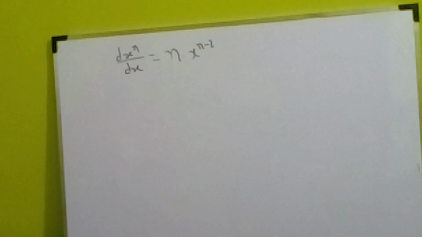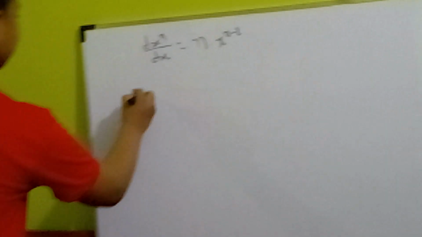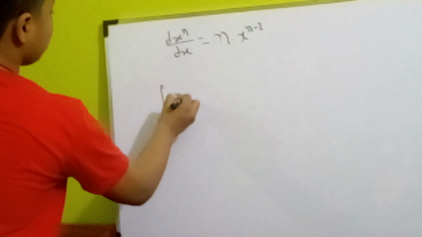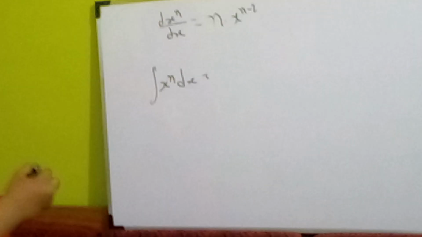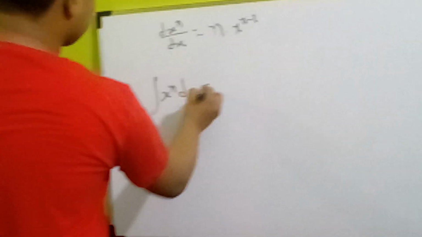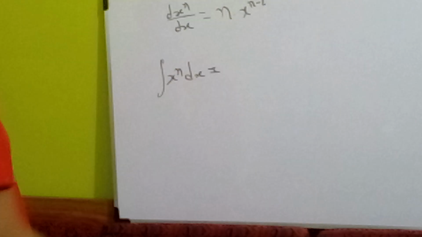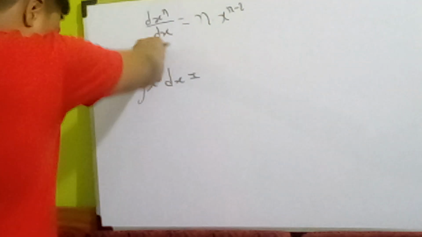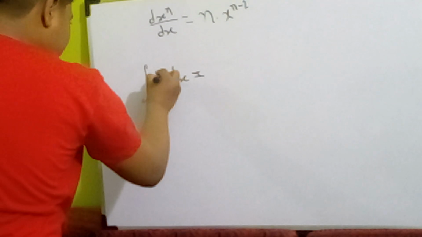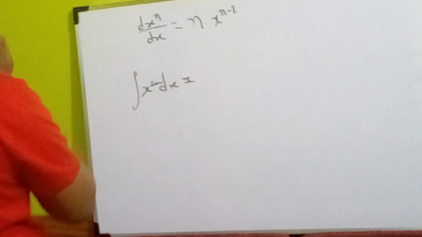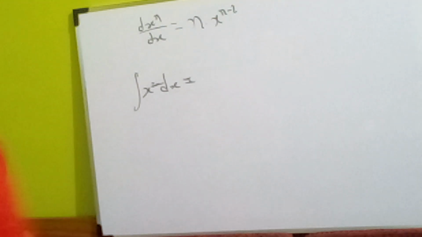Wait, now we'll be integrating x to the n. It's not a derivative anymore, it's an integral. Let's start with x squared. We like to use special cases so that it's easier for us to understand.